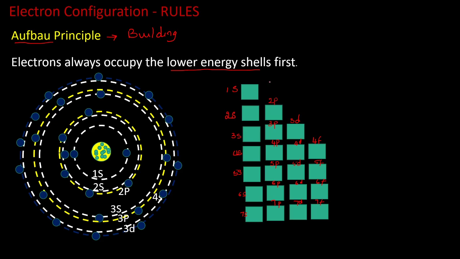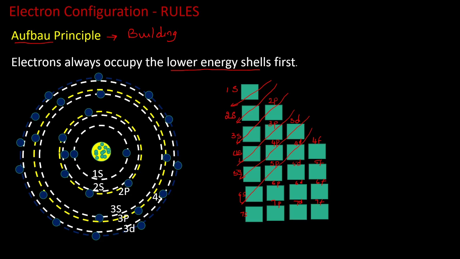Always it is the 1s that gets filled, then comes 2s. After 2s it is 2p, after 2p it is 3s, after 3s it is 3p, and then 4s. After 4s it is 3d, then 4p and then 5s, and after 5s gets filled, it is 4d, 5p and 6s and so on.